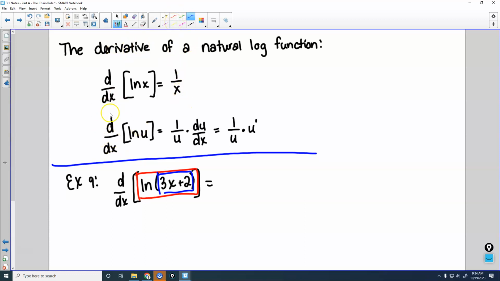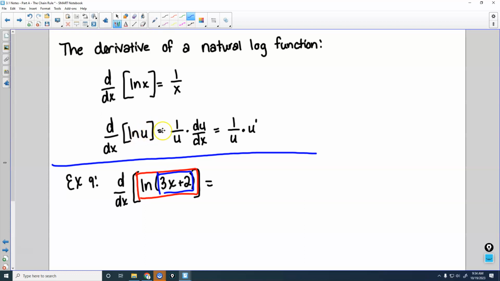So, if we have the derivative of something where we don't just have an x, so that I used a u right here. So it could be something like 3x plus 2, or it could be x squared, or it could be 7x minus 4. So you're taking the natural log of something besides just an x.